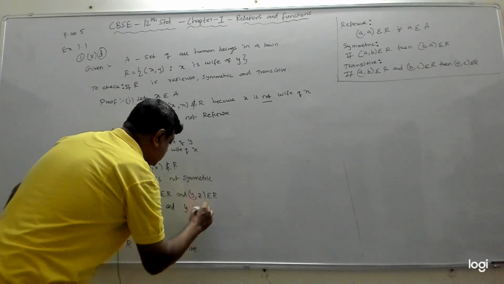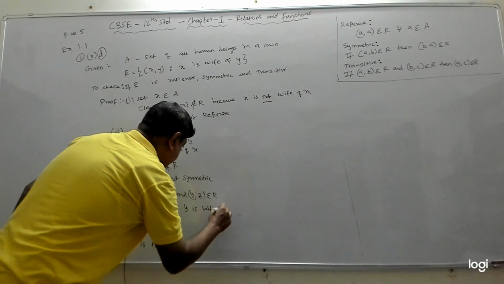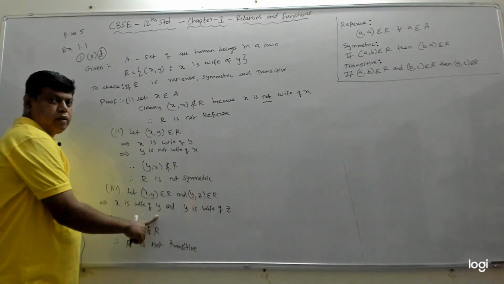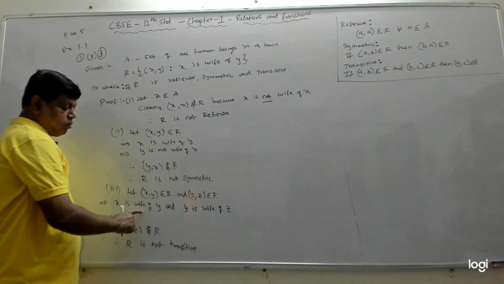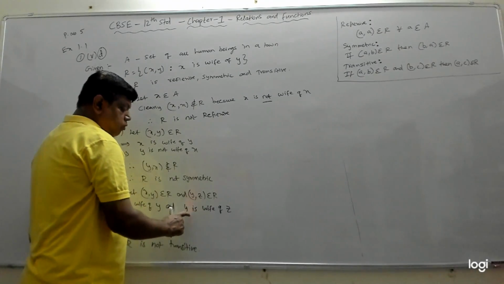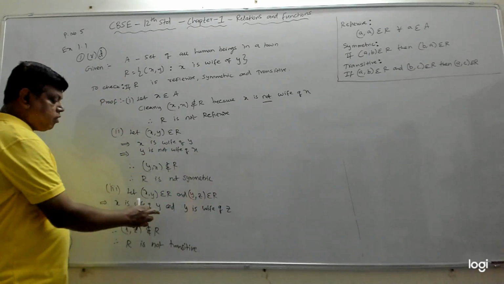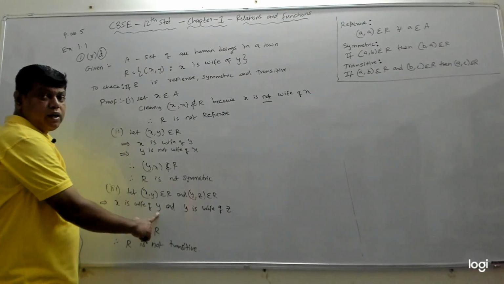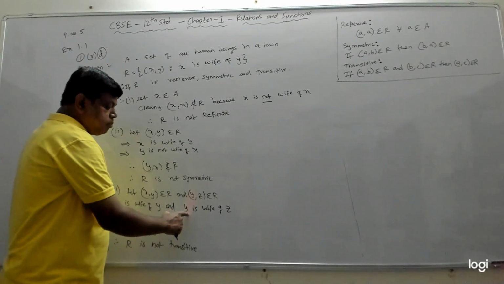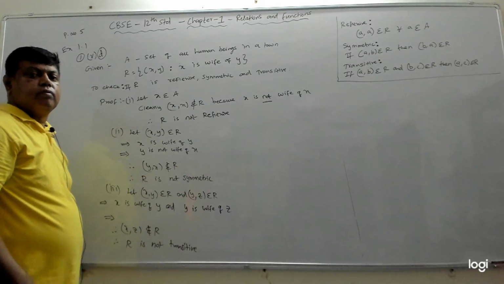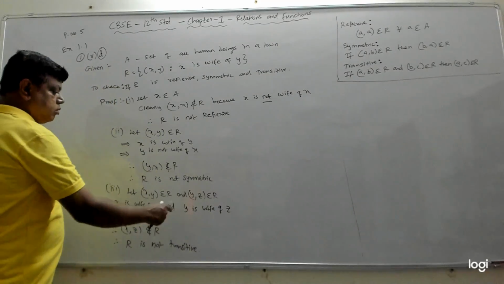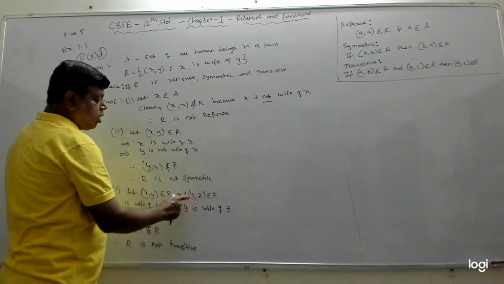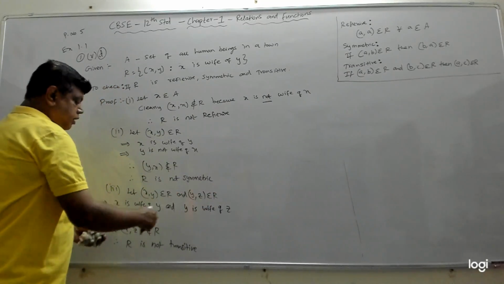Y is wife of Z, which is not possible because X is wife of Y. If X is a wife of Y, Y becomes a male. How can a male be a wife of someone else? So we cannot even take such a pair. This pair does not exist. We cannot even have such a condition, right?